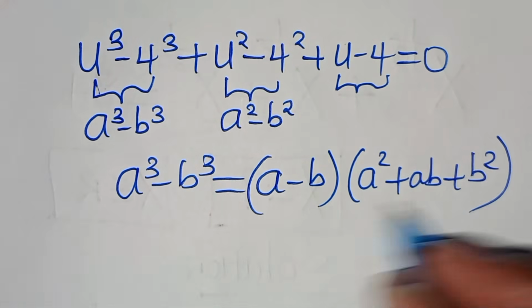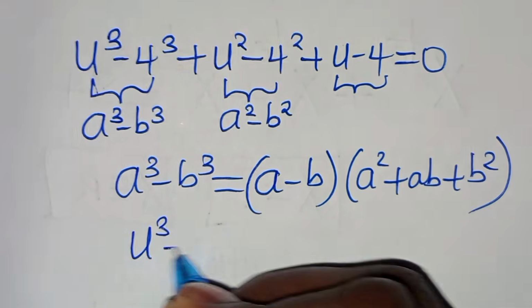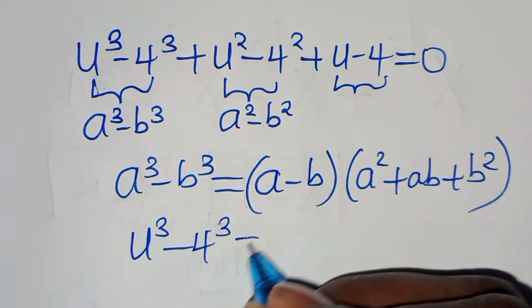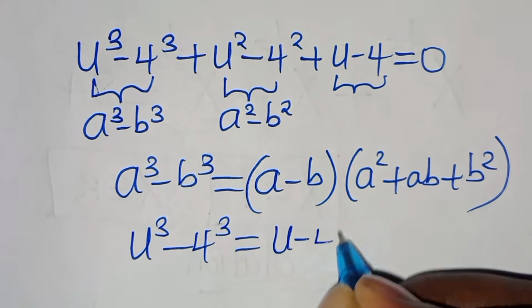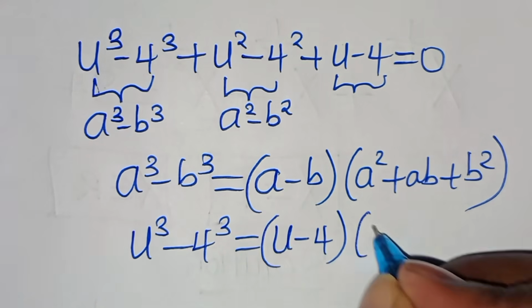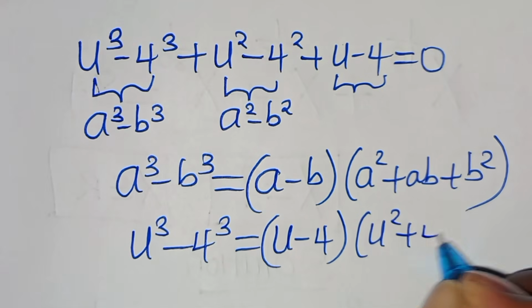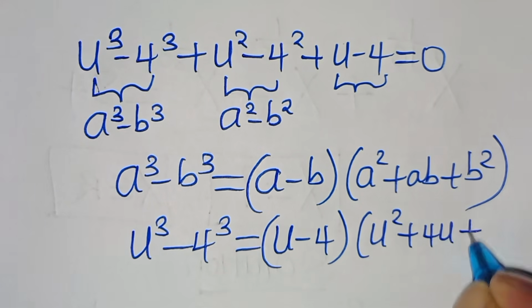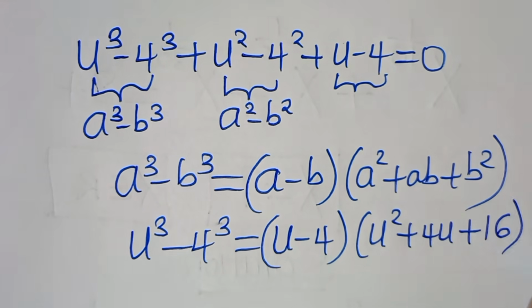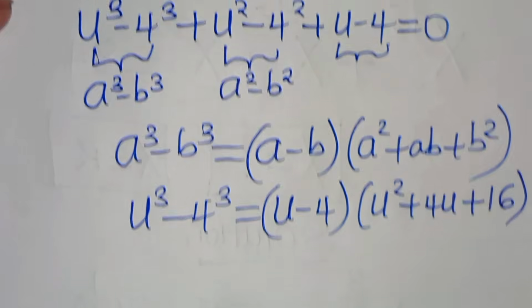Applying this identity, u to the power of 3 minus 4 to the power of 3 can be expressed as u minus 4, times u to the power of 2 plus 4u plus 4 squared, which is equal to 16. Let's call this part 1.